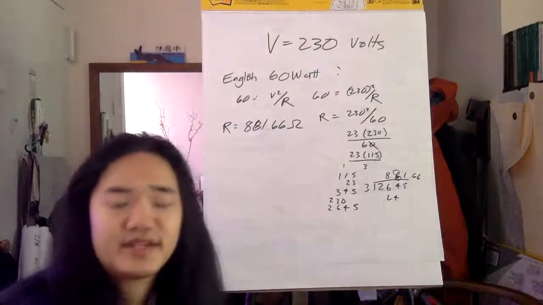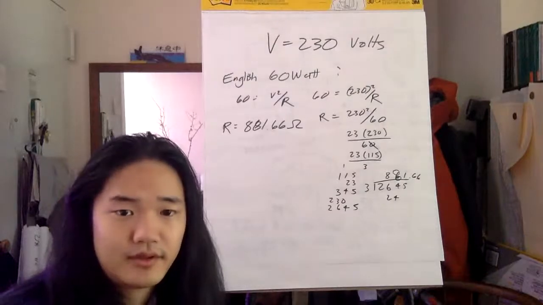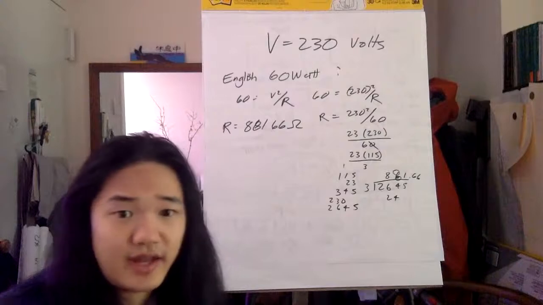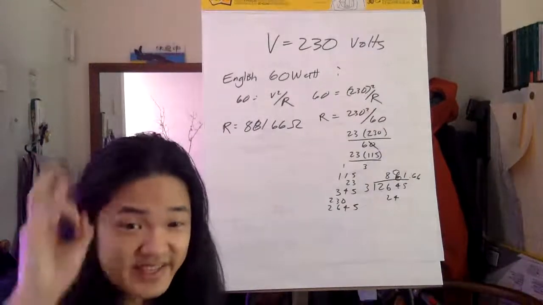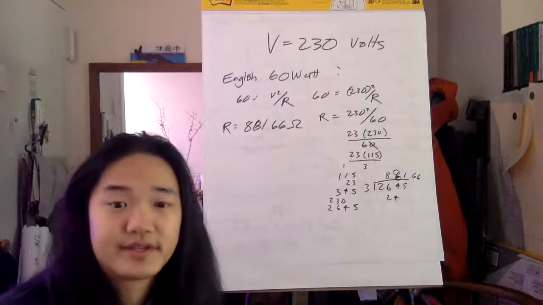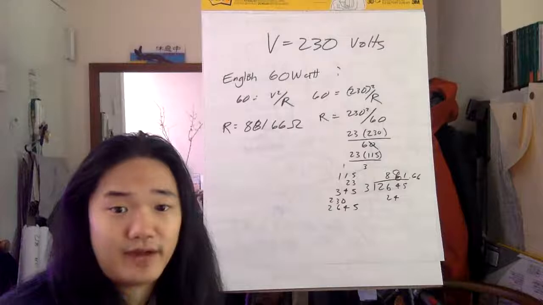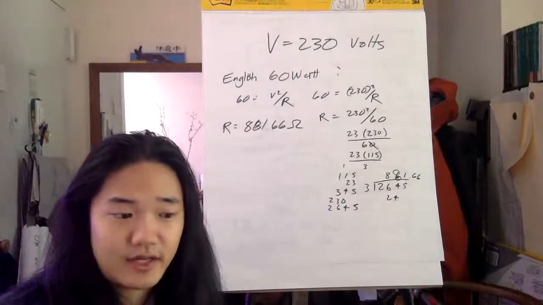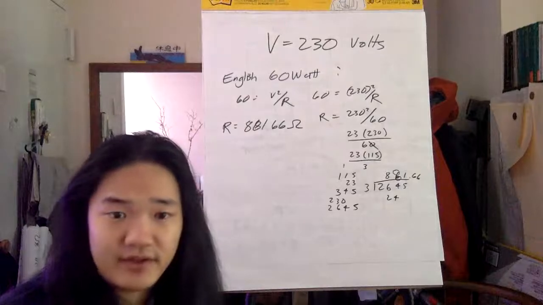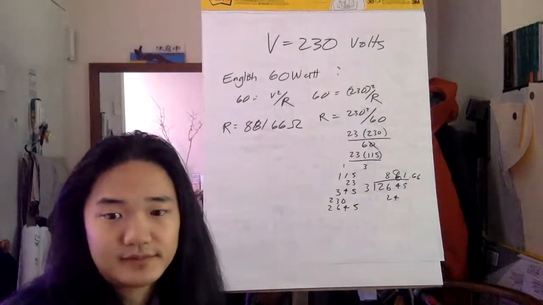If I plug an American 60-watt bulb into a European or British circuit, then that bulb is going to be around 1,000 watts in Britain. And it'll get really bright, really hot. It's going to get a lot hotter than it was designed to, and it'll probably fail and burn.